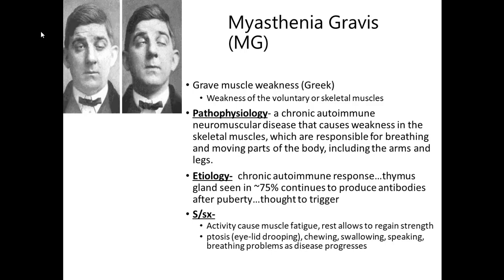We're going to see ptosis, which is eyelid drooping, and problems with chewing, swallowing, speaking, and eventually breathing problems because the muscles that are responsible for helping them breathe will fail as well.